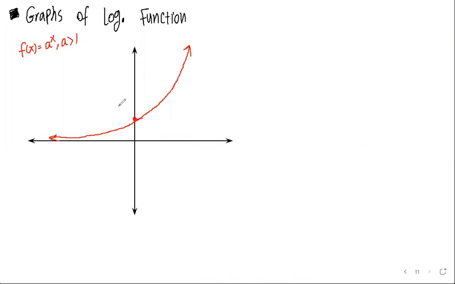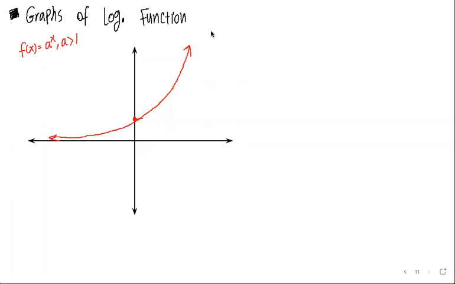Like before, we talk about the inverse function. How can we graph the inverse of this function? Do you remember when I said to graph the inverse function, I have to reflect it around the line y equal x?